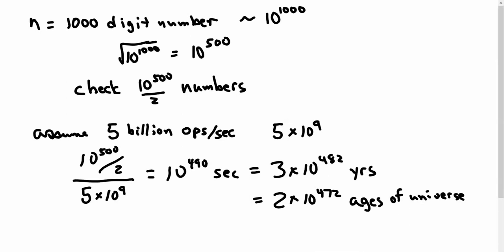There's just too many numbers to check. Okay, so I hope I've convinced you that this is not the best way to see if a number is prime, and so we need other ways to do it. And so in other videos, we'll investigate certain properties of prime numbers that will allow us to do a better job, a quicker job on attempting to see if a number is prime.